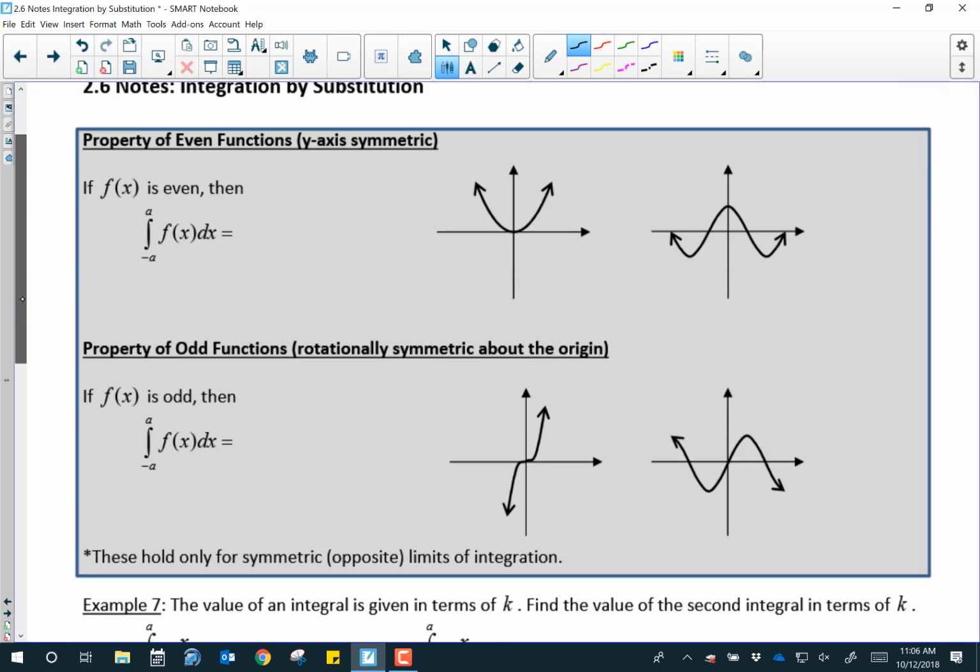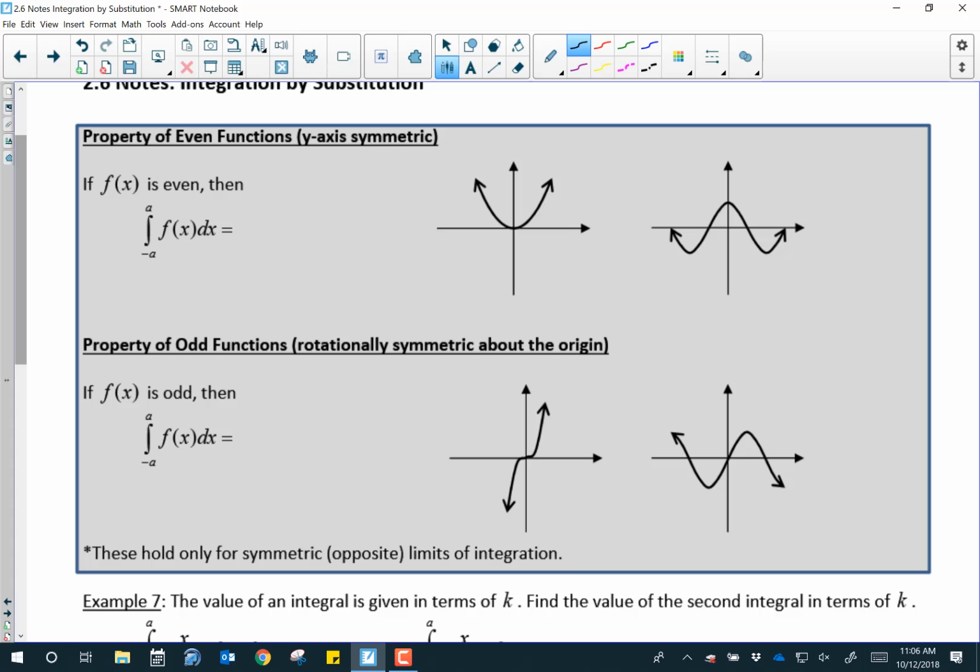I want you to skip to this section. This is not that bad. I just wanted to ease off a little bit so you can digest just substitution. And after you've had practice with that, we'll come back on Wednesday, and we'll review and do the definite integration with u substitution.